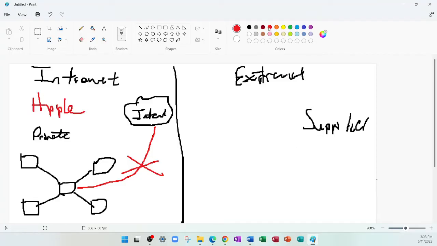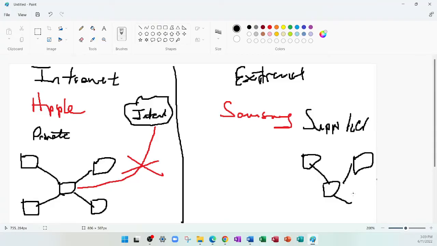Now on the right hand side is Samsung. Because some of you may know that Samsung actually sells displays, the screen, to Apple. So Samsung as a company, they're going to have their network here, and they're supplying to Apple.